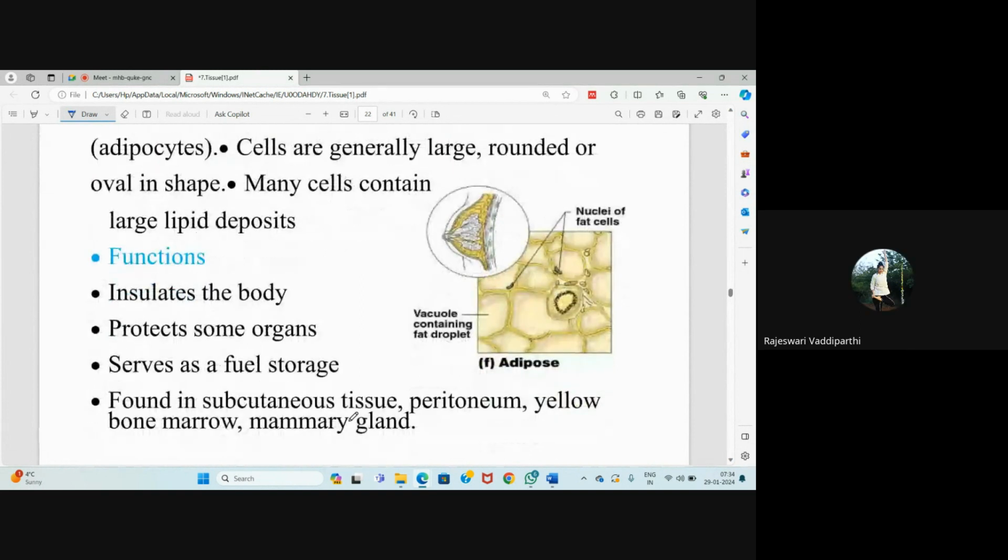Ma'am, do these cells only contain that HDL and LDL? Are those lipids, ma'am? The cells contain lipid, does it mean the LDL and HDL that we get tested? No, it's not like that. HDL and LDL can be tested by lipid profile, and that could be tested through a blood test only.